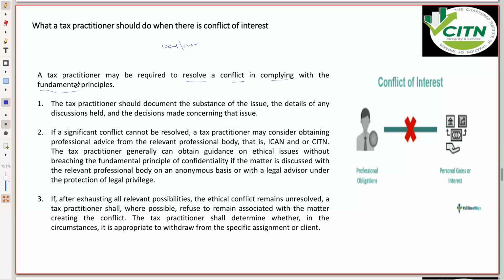So in that situation, we're expected to first begin by seeking professional advice. And this professional advice could be from a professional body. So we could reach out to a professional body, CITN, ICAN, just to seek guidance on this.